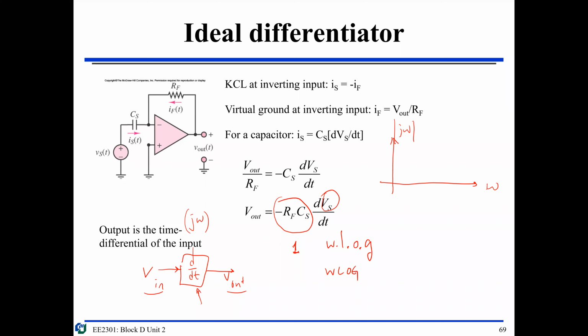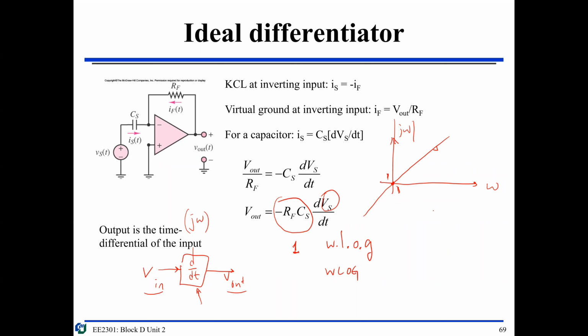So this is 1, omega is 1, and the magnitude is also 1. So it becomes like this. It's a straight line passing through 1, because if omega is 1, the magnitude is also 1.